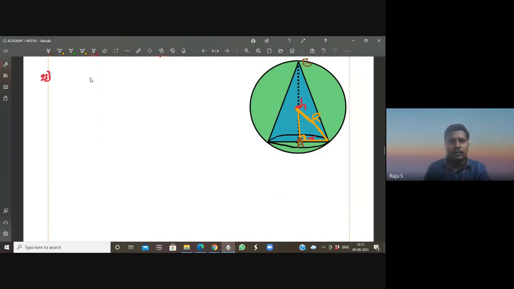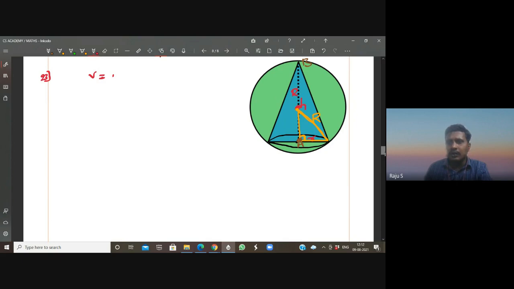Right? So since we know the volume of the cone whose radius is small r and height is small h. Yes, what is the volume of the cone, students? This we can also take as capital R, this is the radius. Volume of the cone is 1/3.